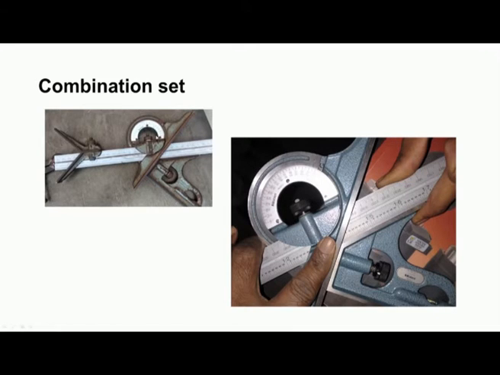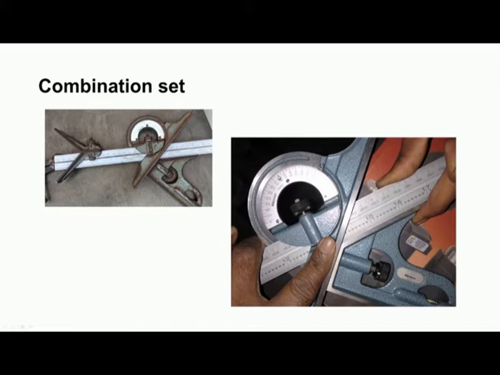This is a simple protractor wherein there is no vernier. You can see the details of the simple protractor. We have a rotary scale. You can see the markings 0 to 90, 100, 110 up to 180, and similarly in the other direction 0 to 180 degree.